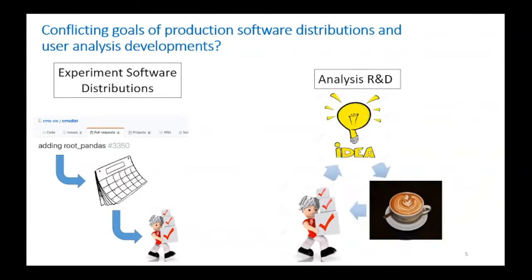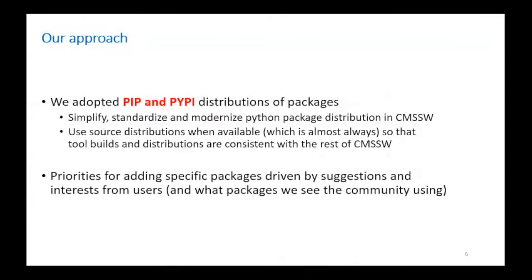Whereas if you're an analysis user, what you really want is to go have a coffee, come back, and your build is done and you can use your new idea. Part of what we've tried to do is keep track of both of those ideas and satisfy them at the same time, which is of course not really possible, but we've made good attempts in that direction.